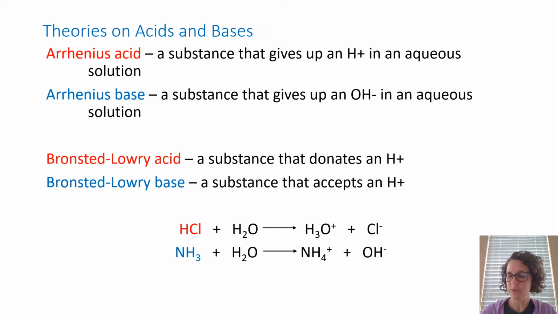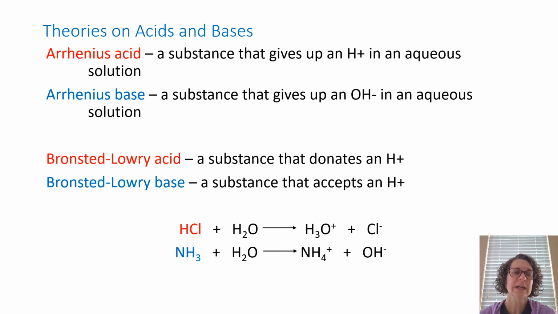Okay, so now real quick, a couple of theories on the acids and bases. We did this when you guys were freshmen, so it should be a little bit familiar maybe to you, but basically you have 2 different definitions. They kind of match up. One is very specific to water solutions and the other is very general, but they both basically say the same thing.